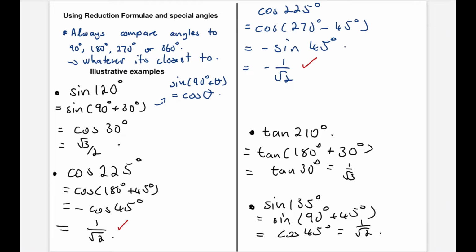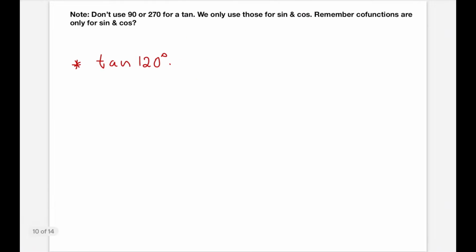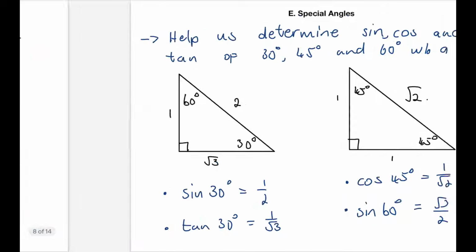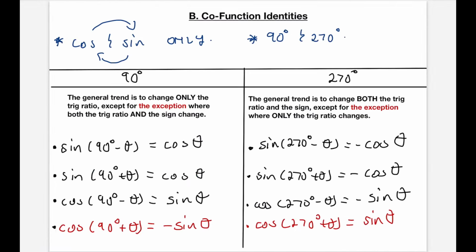Now, grade 11s and matriculants, I want to warn you about something. Do not use 90 degrees or 270 for a tan. Remember when we learned cofunctions, we specifically said they only have to do with cos and sine. So don't use them for a tan. We don't know what the tan of 90 degrees plus theta becomes. We never learned this.